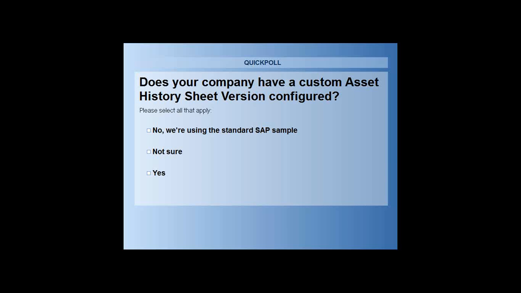That's very good. Pat yourself on the back. About 30% of you are not really sure, so that's important. Whenever you run that report next time, take a look at that field and really double check what version you have been using. And about 38%, 40% say no, we don't have our own version. We use SAP's sample versions.